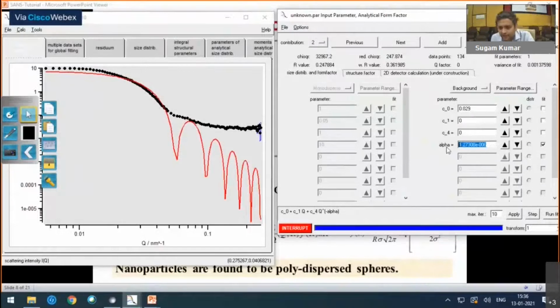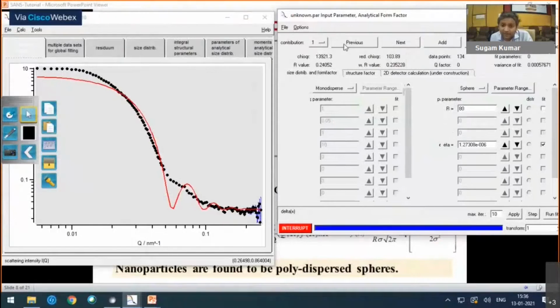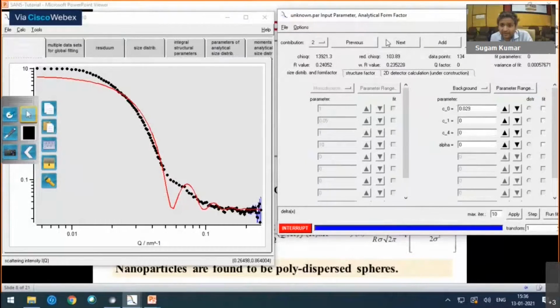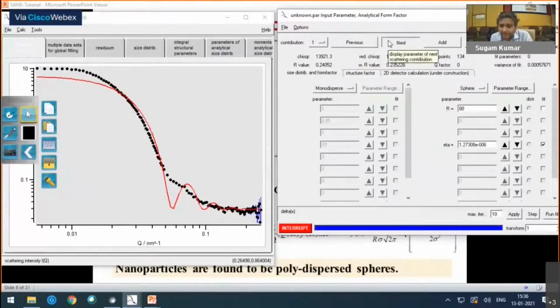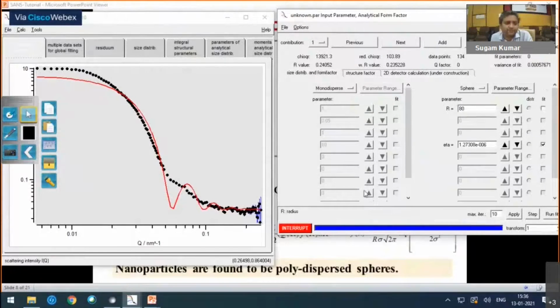Rest all are Q dependent terms, so we will not choose any Q dependent term as background. So I just choose C0, the Q independent background. More or less. Now go to previous one. This is previous, this is next, previous, next, next is background, previous is this one.